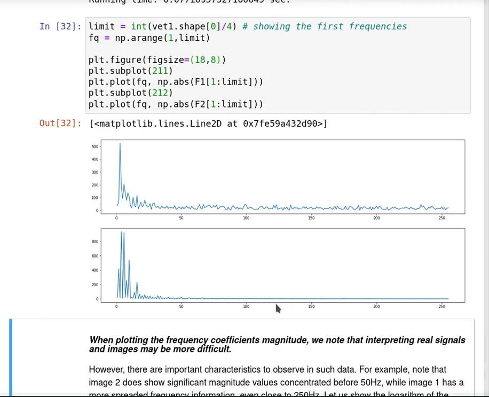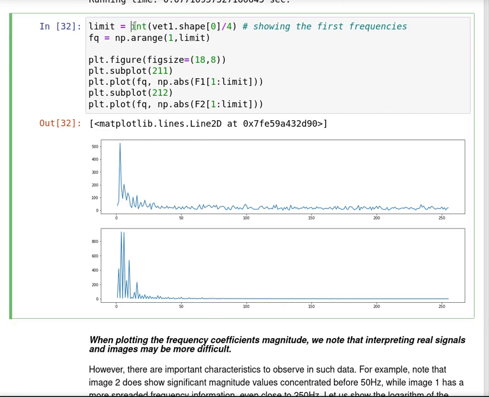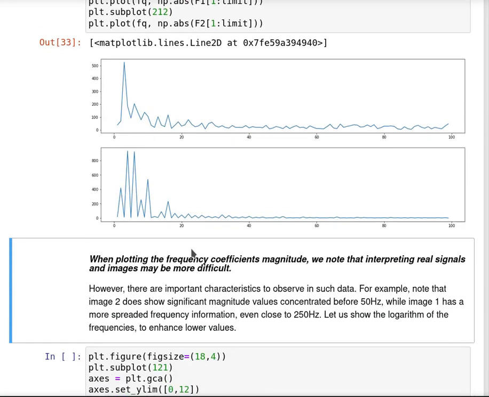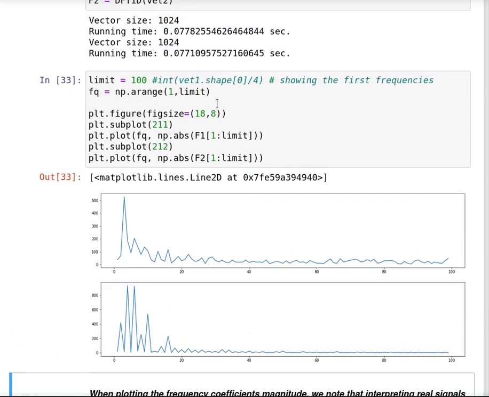The second one basically saturates around 100. Let me override that to 100 and show the first ones. It starts very high here, so it has many frequencies up to maybe 60 or so, and then it drops to near zero. In this case, we have a much larger influence of higher frequencies.